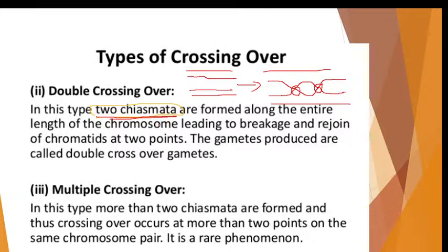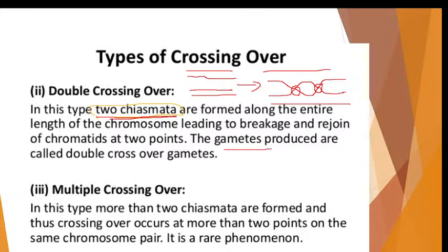If two chromatids are involved, it is called two-stranded crossing over. If three chromatids are involved, it is called three-stranded crossing over. If four chromatids are involved, it is called four-stranded double crossing over.